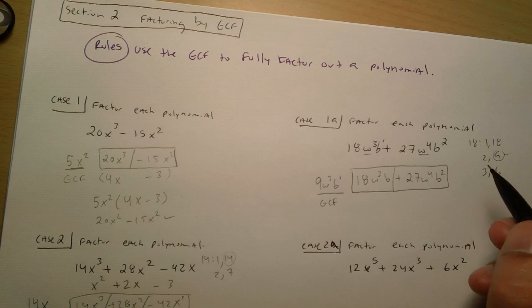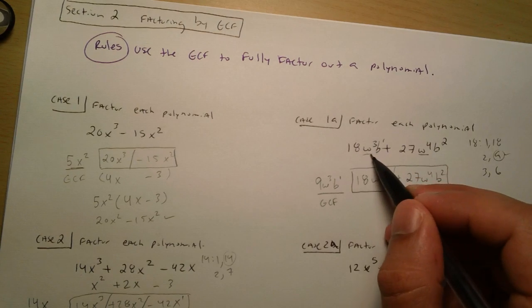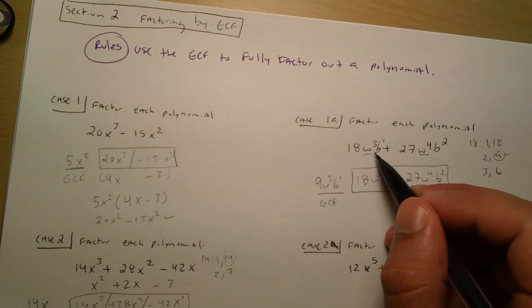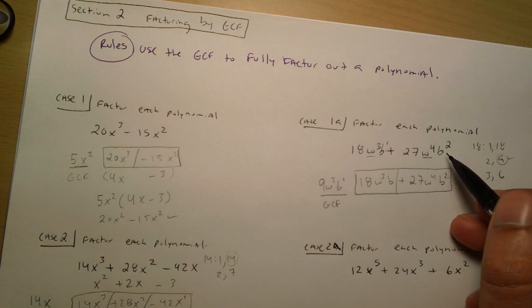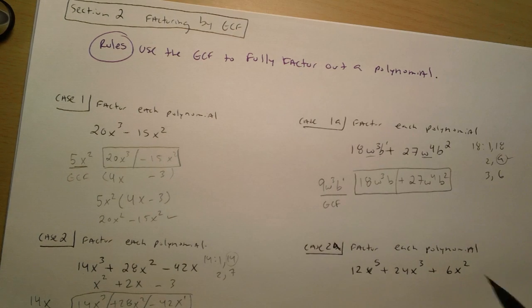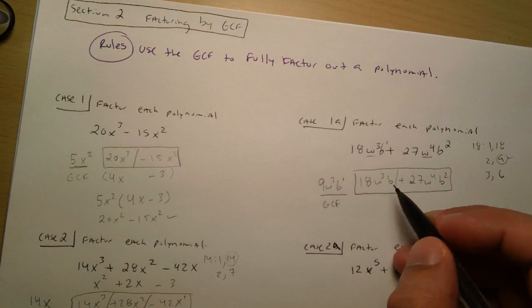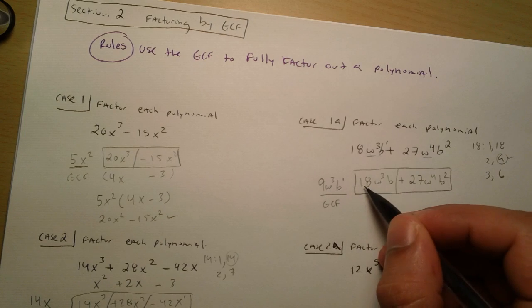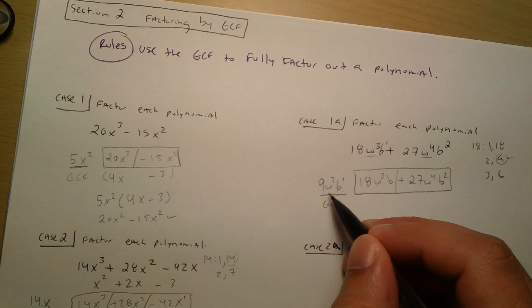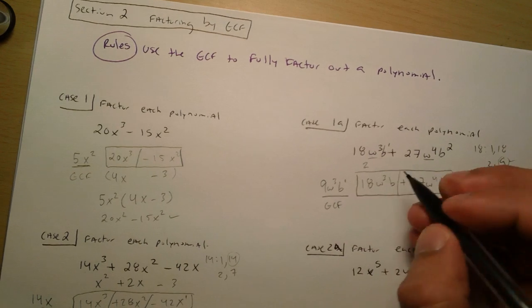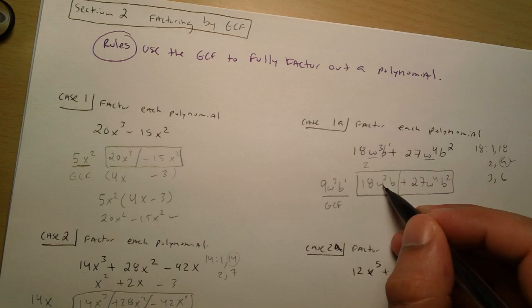If you look closely, these variables are multiplying by each other. Whenever they're multiplying by each other, we're able to pull them apart. Now, let's start looking for our final polynomial. 9 times what gives you 18? 2. w cubed times what gives you w cubed?